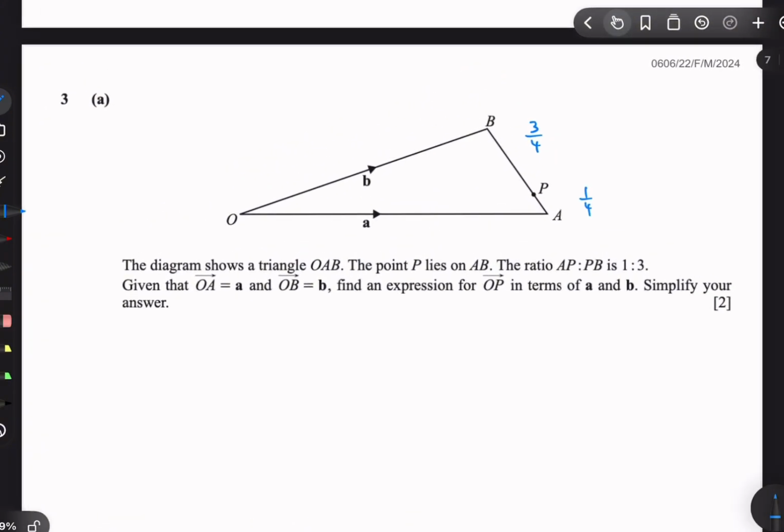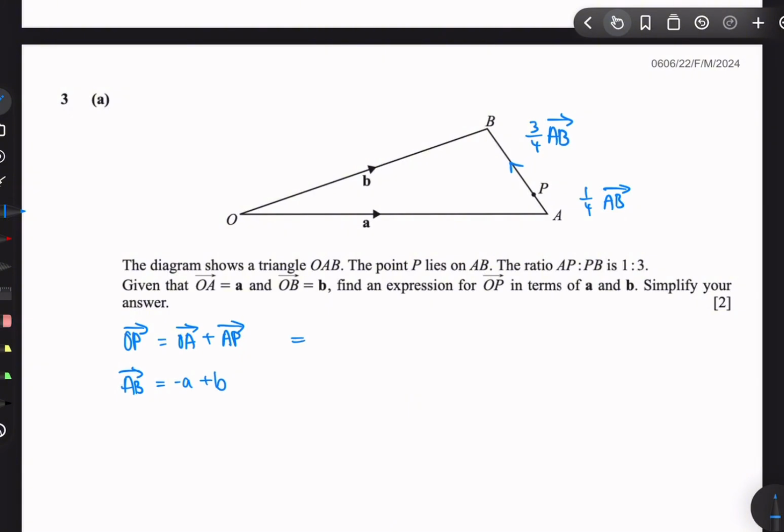Okay. To find OP, you can go OA plus AP. And AP will be 1/4 of AB. So it's going that way. And we can find AB. AB will be minus a plus b, or b minus a.